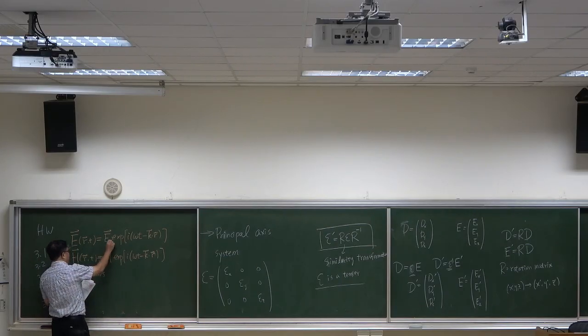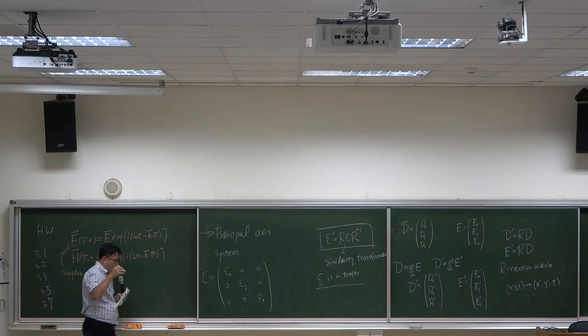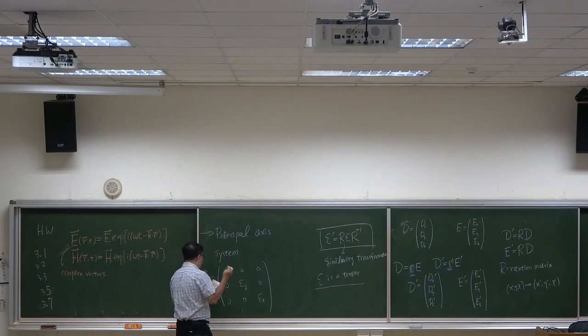And here, the notation E and H represent constant complex vectors.